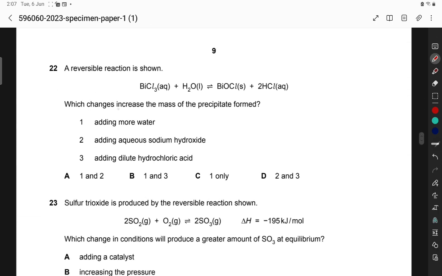22. A reversible reaction is shown. Which change increases the mass of precipitate formed? This is precipitate. Adding more water. Yes, towards right. Adding aqueous sodium hydroxide. Yes, adding aqueous sodium hydroxide.